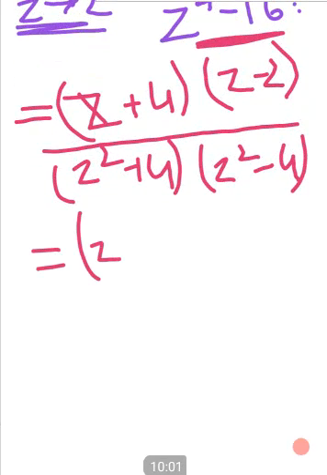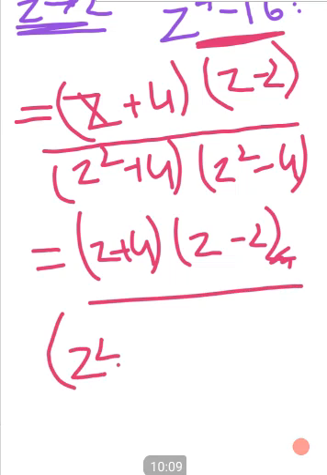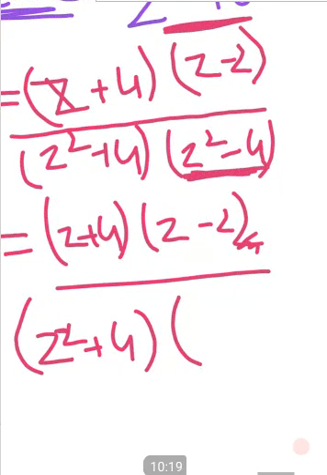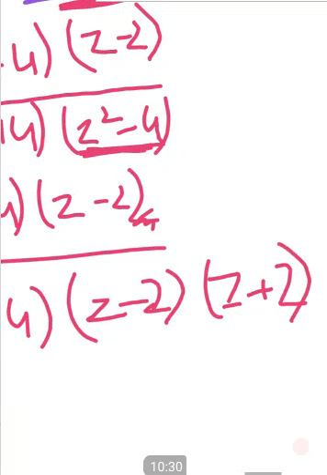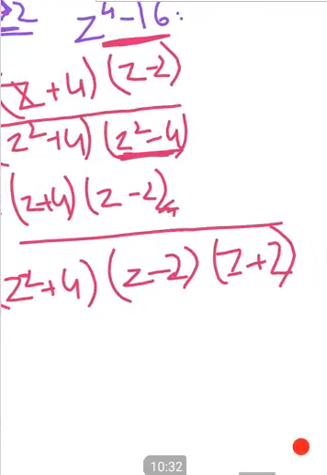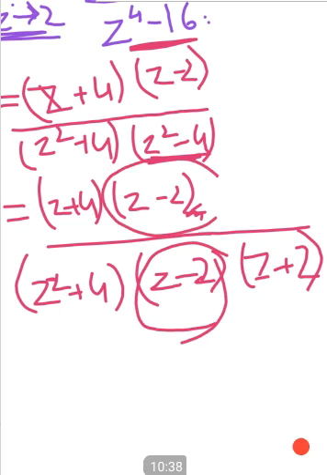This is z plus 4, z minus 2, over z square plus 4, z minus 2, z plus 2. Sorry, this is short of the screen, so I'll minimize a bit. Here we can see that z minus 2 and z minus 2 are common.